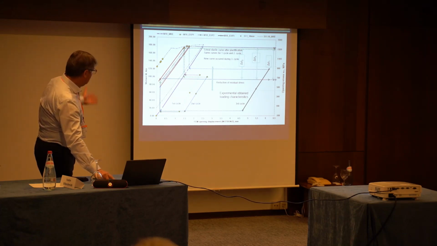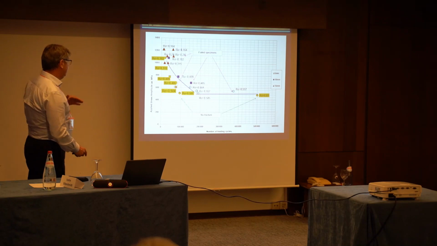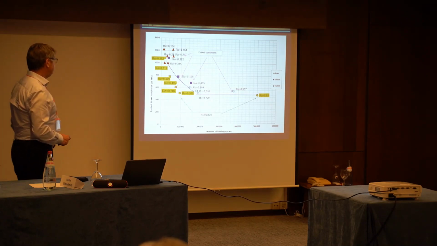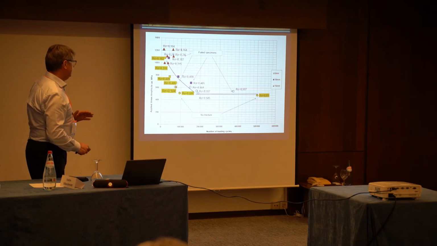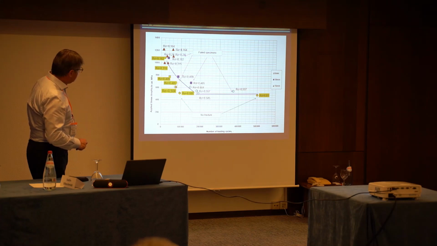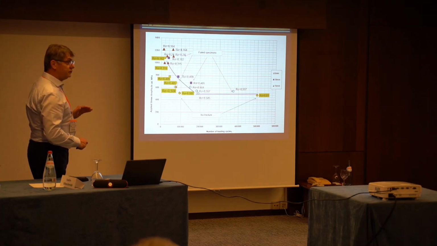And all these results we collected here. These are results we got from specimens with 5 millimeters, the round light blue ones, cubes are for 10 millimeters and triangles for 50. We got these results, each corresponding to the real stress ratio.